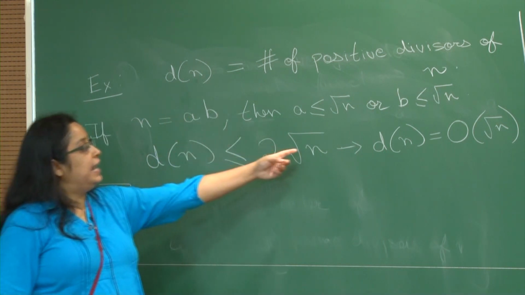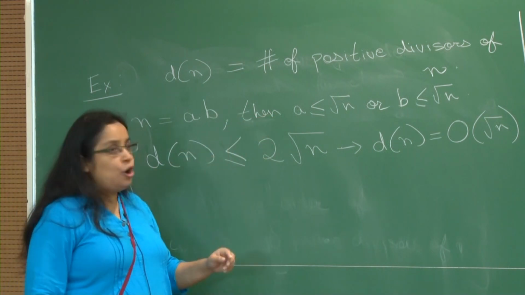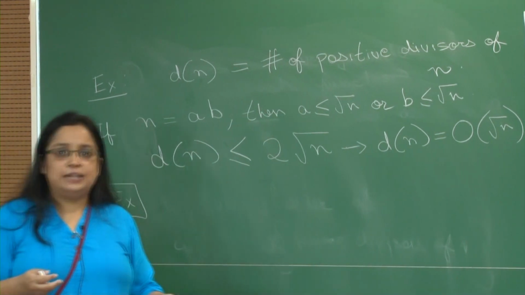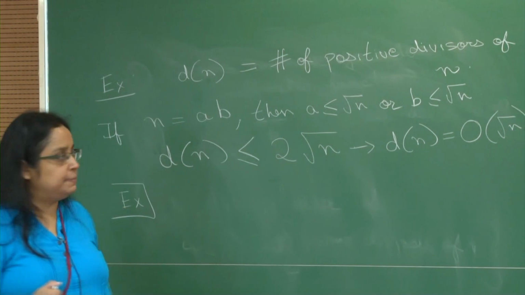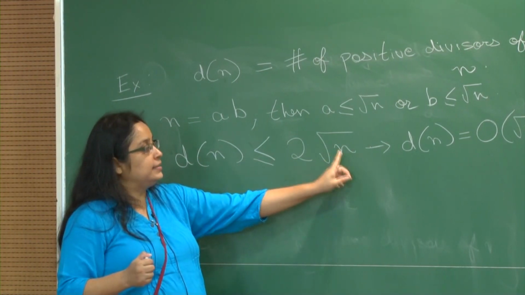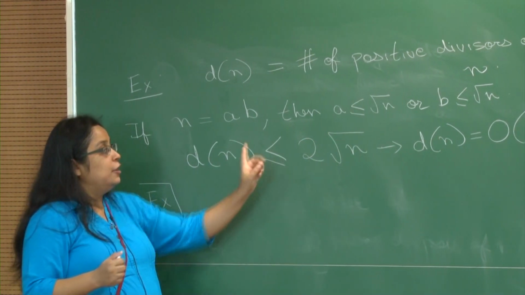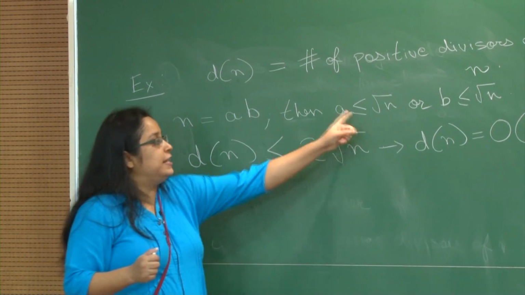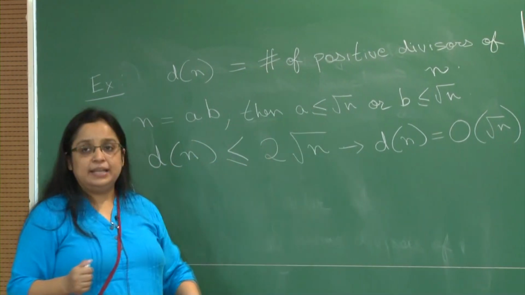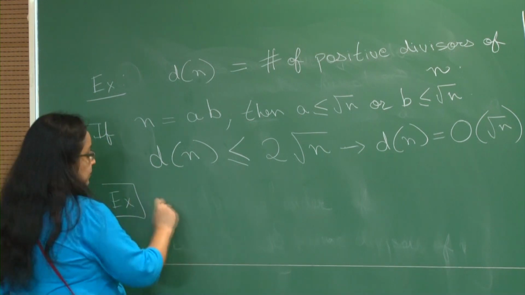Suppose I take n to the 1/4, suppose someone takes n to the 1/10, or someone even chooses to take n to the 1 over a million. My claim is that you can still find some a large enough so that d of n would be O of n raised to the 1 over million or 1 over 10 million or whatever. So, this is what we are saying.